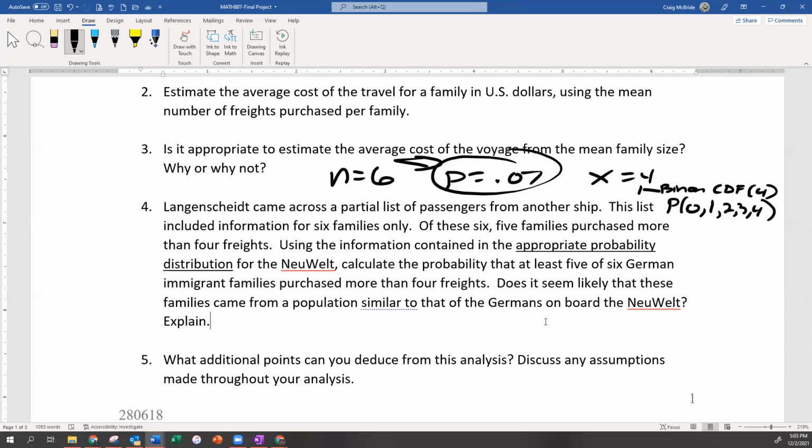Because if it was from the same data set, then the probability of this happening shouldn't be super, super small. And so if it is super small, then you have to go, oh, then this data probably came from something other than the new stuff. But if the probability was big, or on par with what it would have been in the other set of data, then you go, oh yeah, then we're pretty good. So that's how you do that one.